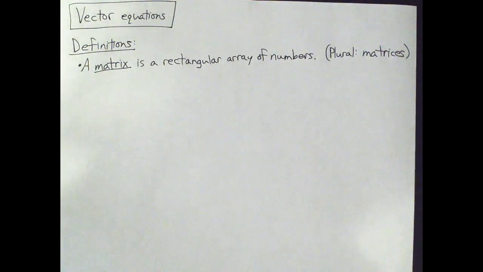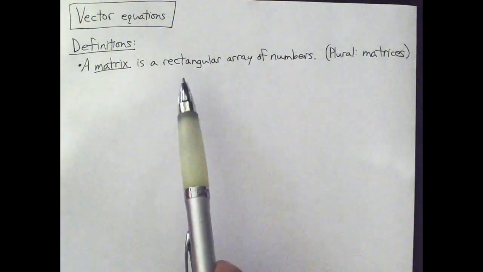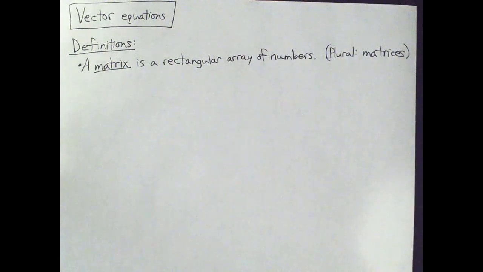It turns out that a matrix can actually be a rectangular array of anything. You could have other things inside there besides just numbers. But for our purposes, in this course, they will be numbers. And in particular, in this course, they will be real numbers.